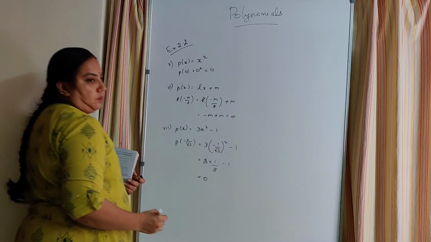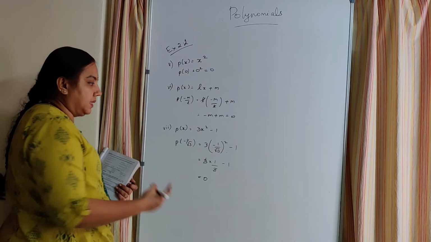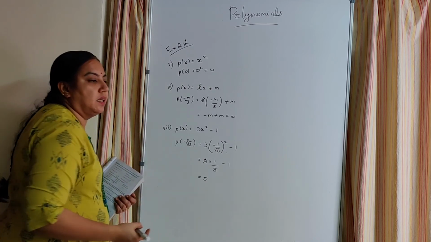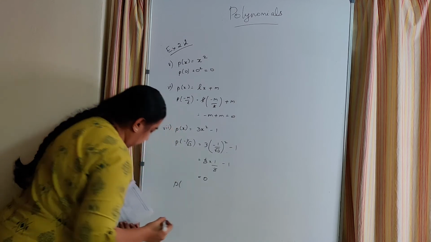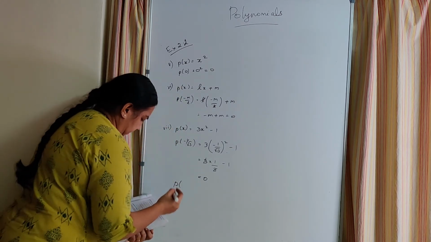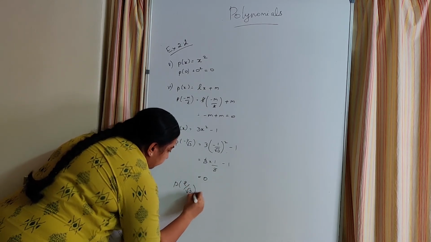Again it becomes 0. So 1 minus 1 by square root of 3 is a factor of this polynomial. Minus 1 by 3 is a 0 of this polynomial. Then the other number is 2 by square root of 3.